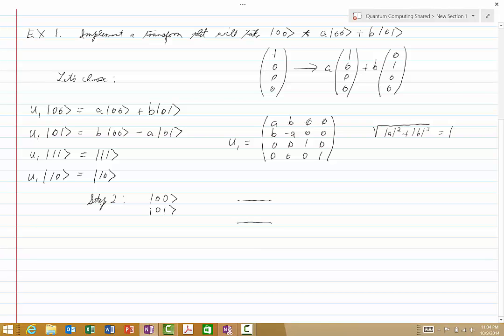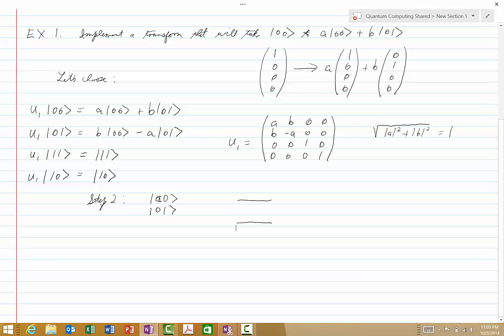Now, let's think about it. You can see that in this case the U tilde matrix is in the upper left-hand corner of U1, and it would be this matrix A, B, B, minus A. And so we need to figure out on what bit it will act and what is the corresponding basis.